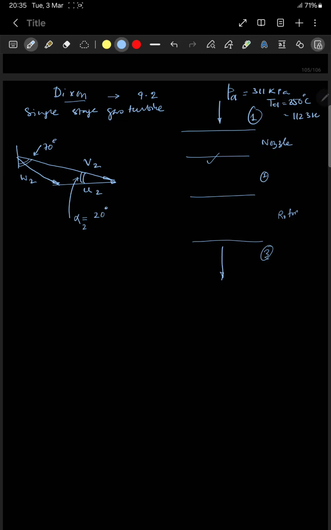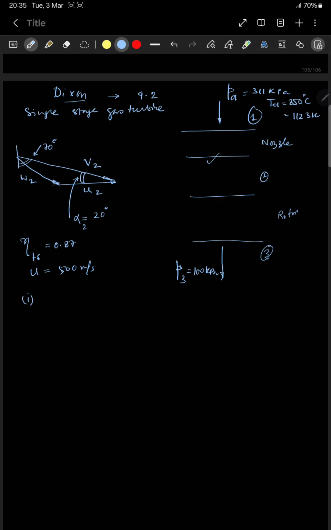Okay. The exhaust static pressure is 100 kilopascal. So P3 is 100. The total to static efficiency is 0.87, and the mean blade speed U is equals to 500 meter per second.